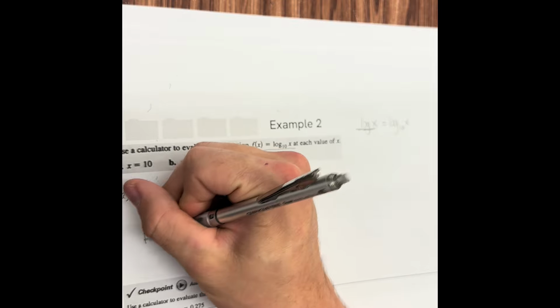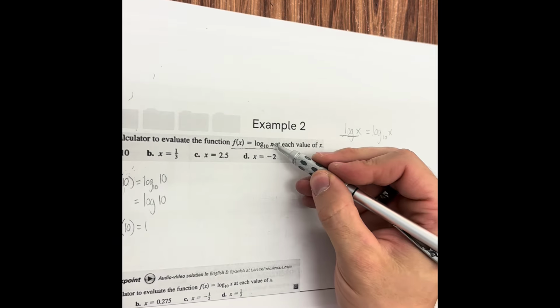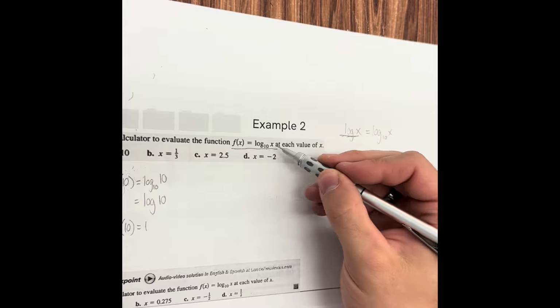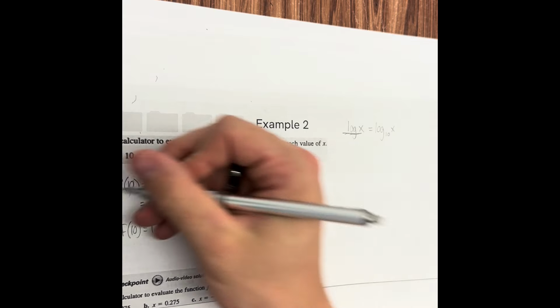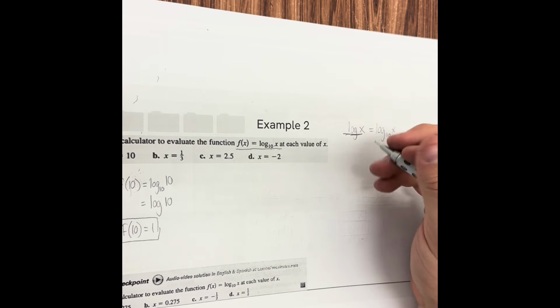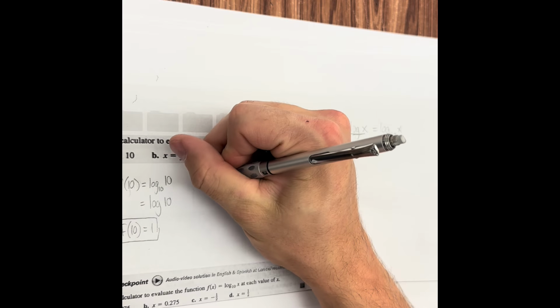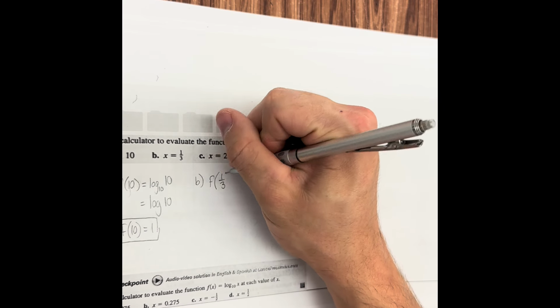Which, if you remember from last year, log base 10 of 10, so like if you had log base 11 of 11, that's still 1. If your base matches your number, it's going to be equal to 1. We'll find out about that in a bit. Letter B, we have to find f of 1/3.